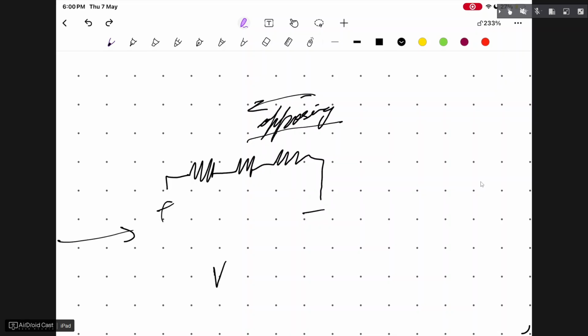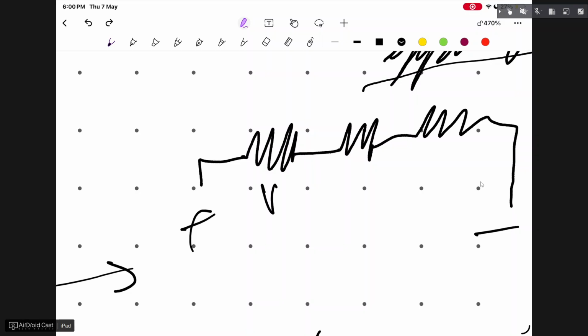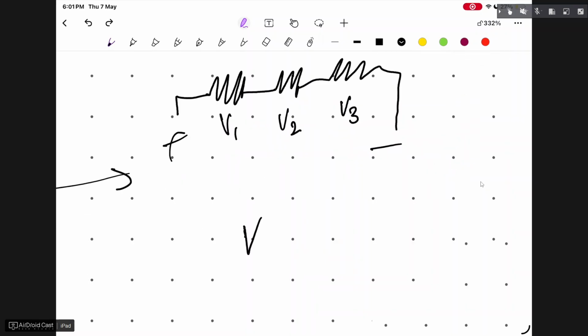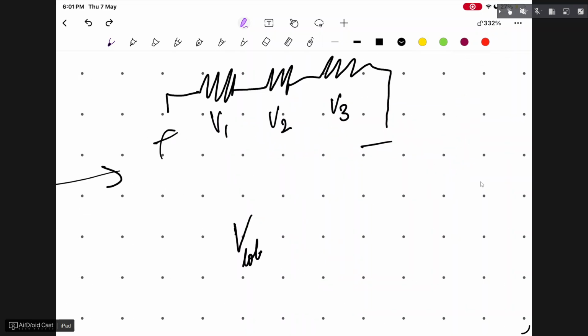So here we have V1, V2, V3. Now the total V will be equal to V1 plus V2 plus V3.